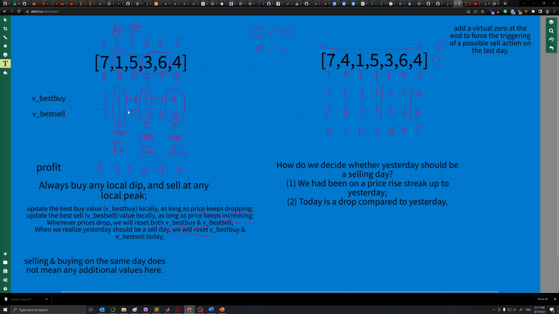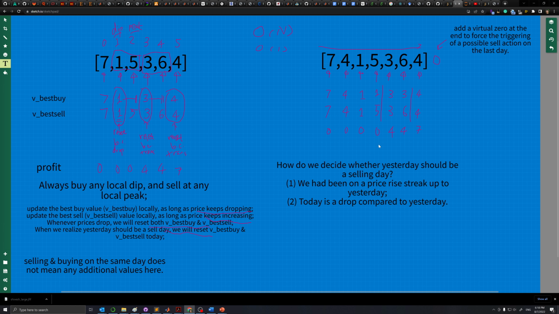The first case is when we had a price drop, then we just reset everything, because it's not the time to start buying yet. We wait and reset. Another case is when we know yesterday was a good day to sell. Then we reset today's value and move on. Those are the two cases where we reset.